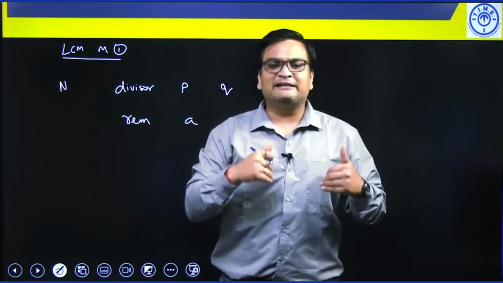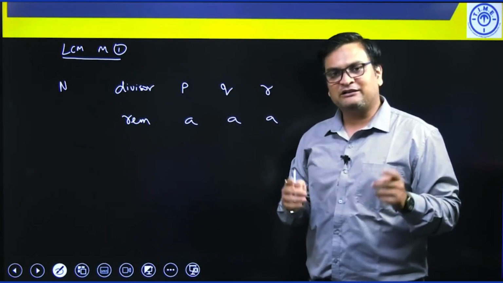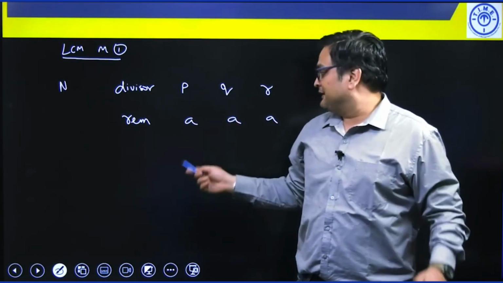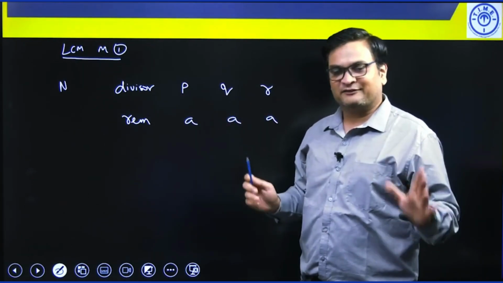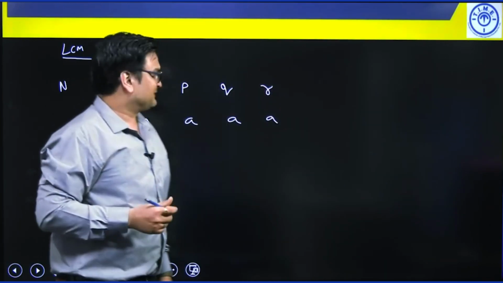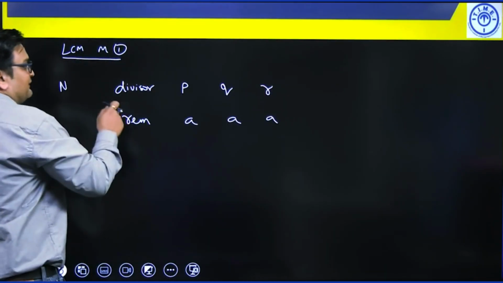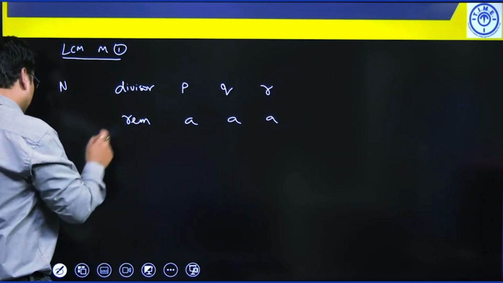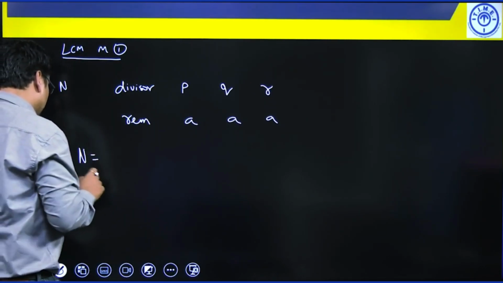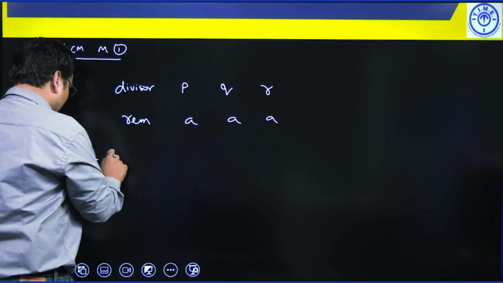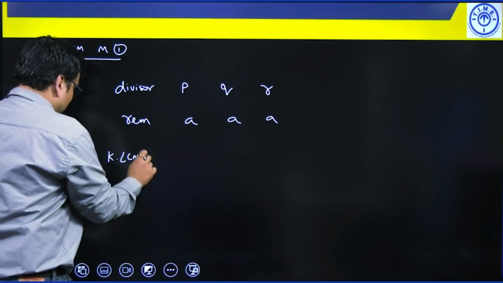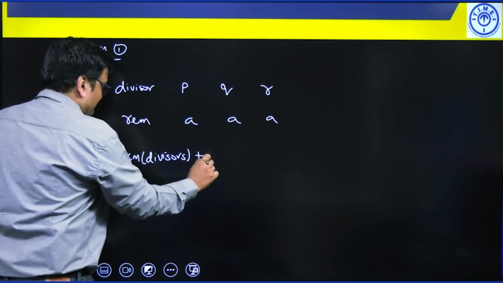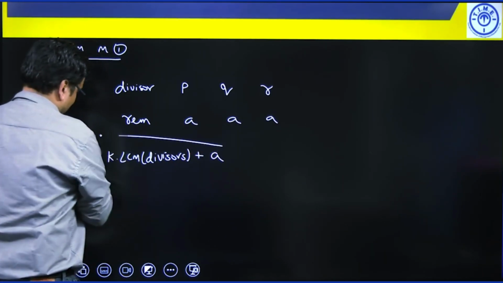So, how do I identify whether a problem is model 1 or not? Simple, you please look at whether the remainders are equal or not. If the remainders are equal, then it's model 1, otherwise it's not. So, divisors p, q, r give you remainder a and a, then in that case, the number n can be written as k into LCM of divisors plus the common remainder a.